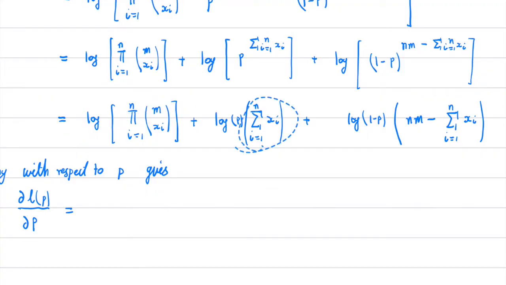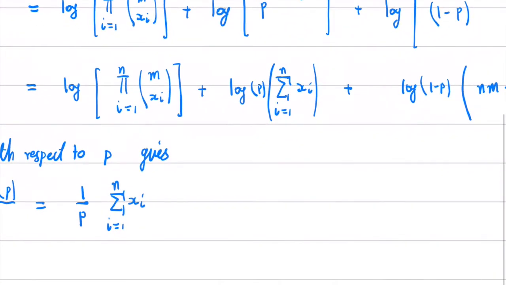This is a constant in terms of p, but we're multiplying by log p, so that becomes, the derivative of log is 1 over p, times the sum from i equals 1 to n of xi here. And equally, this is a constant in terms of p, but we've got to differentiate log(1 minus p). So the first thing we know is that the derivative of log becomes 1 over p.